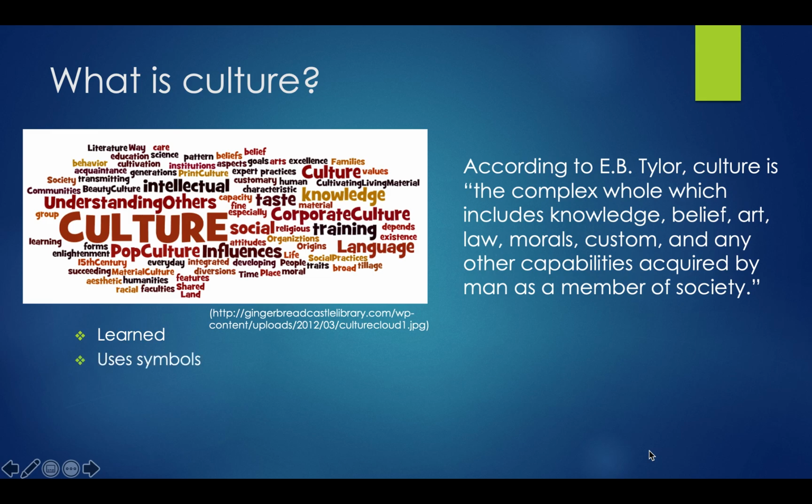Culture uses symbols. Language itself is symbolic. There's nothing inherent in the letter A that makes it go "ah" as a sound, right? All of our alphabet, our reading, our writing, our speaking, are based on learned symbols. So even some of the behaviors that we express, think about liturgical sequences in church, right?